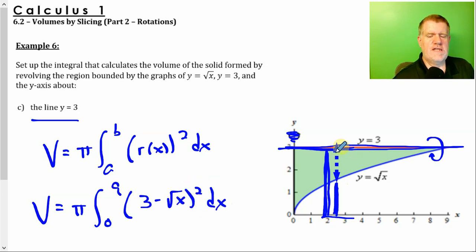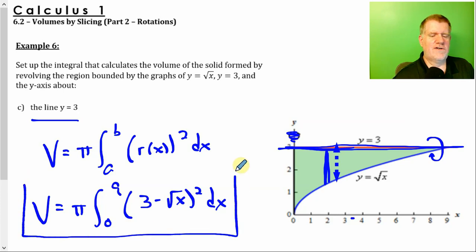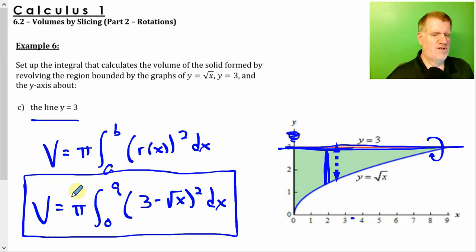So do you see why this distance in the dotted blue line is 3 minus the square root of x? Because that's 3, and then I took away the square root of x to get that distance. Those get a little tricky, but keep persevering. You'll get it.